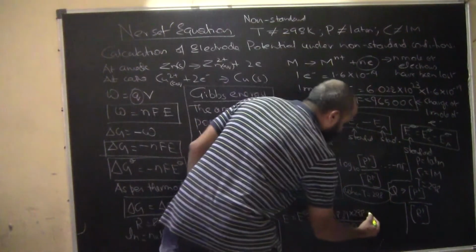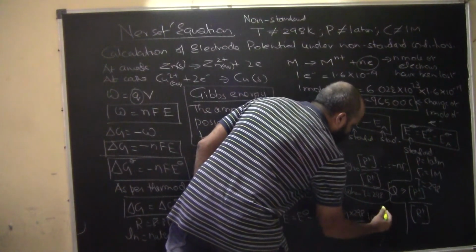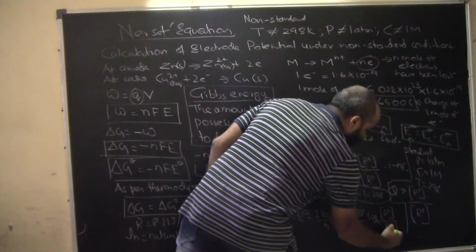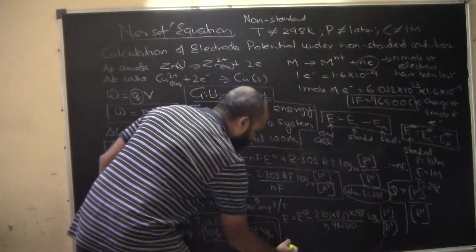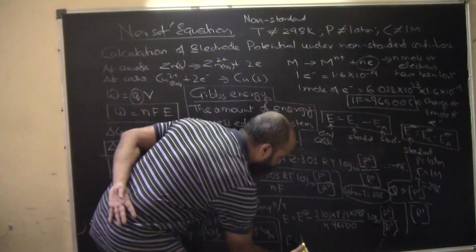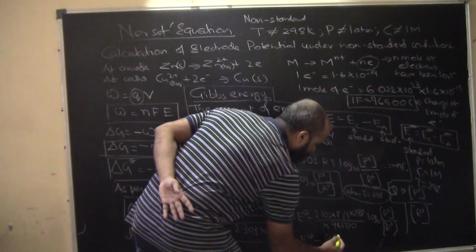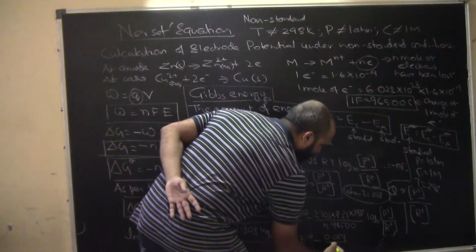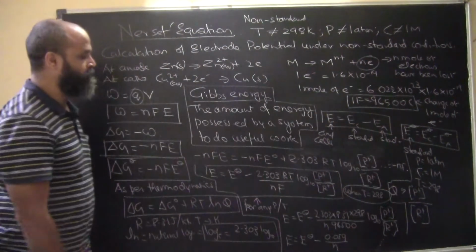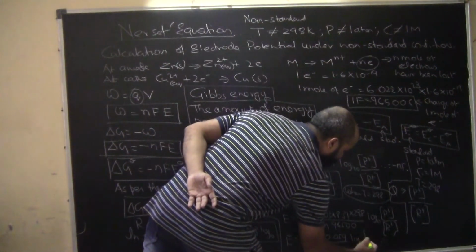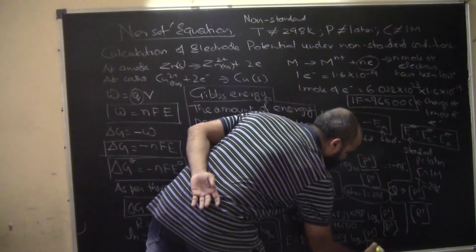Again we have log 10 of products and reactants. If we sort this out, this comes out to be minus 0.059 by N log 10 of the molar concentration of products by the molar concentration of reactants.